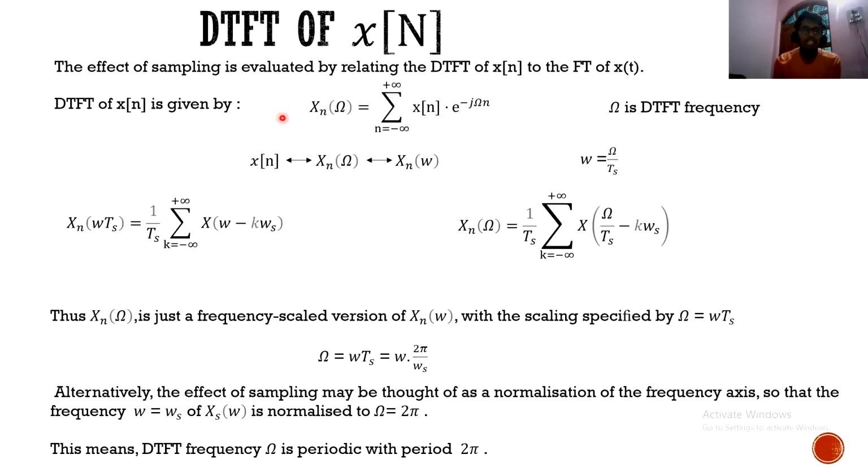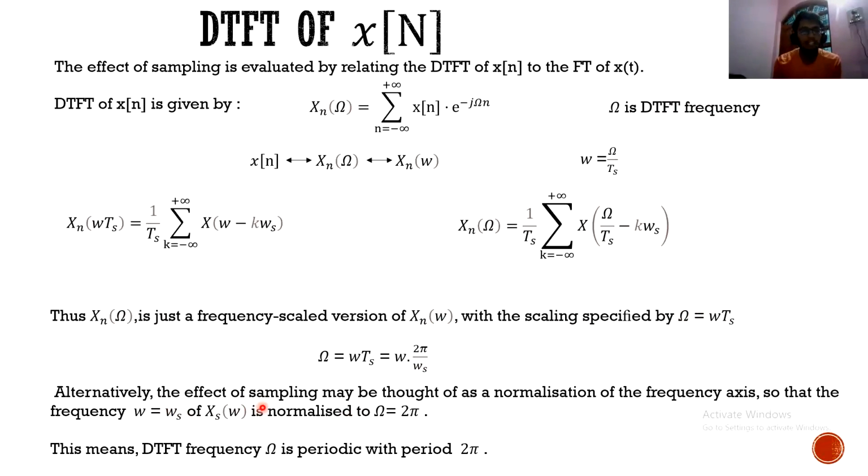Now we can derive the relation between this phi and our previously defined discrete frequency by the Fourier transform of our discrete signal in such a way that we can generalize it for this discrete frequency tau equal to omega Ts, and we can further evaluate it as follows. Now also omega s tau is just the frequency scaled version of omega n, and for this DTFT, this frequency is defined by this formula.